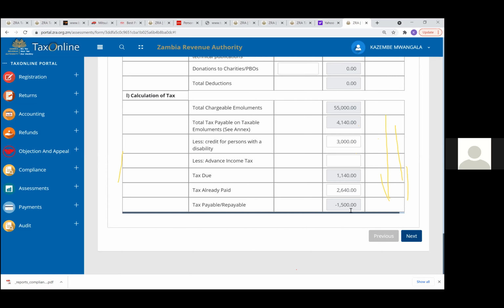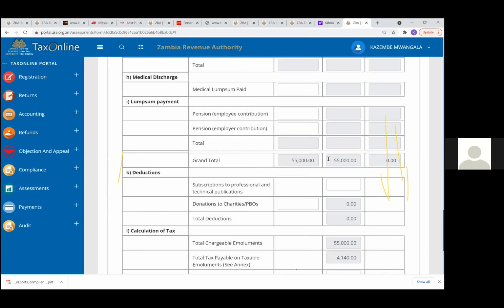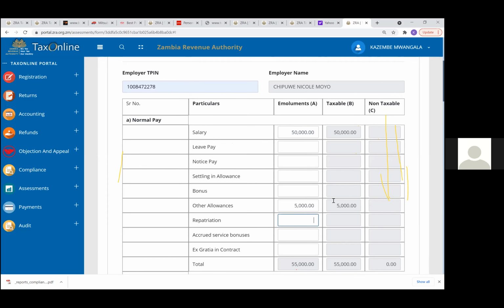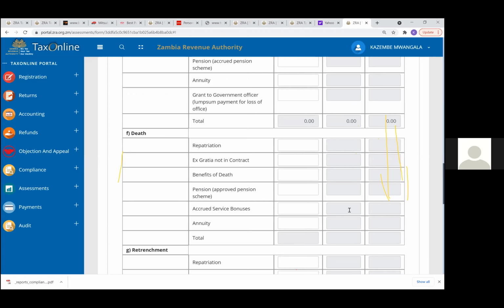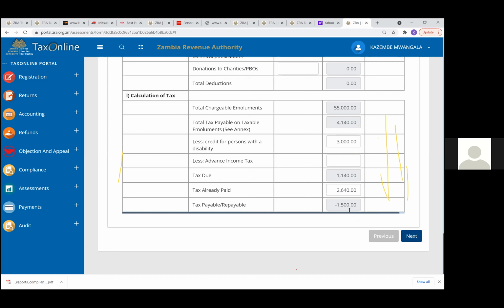So you realize that this person who got 50,000 and also had a 5,000 transport allowance, which did not pay tax, will get 1,500 as a refund. Whereas the other person who got 55,000 and 8,000 transport allowance is only getting 600 as a refund, and therefore they will start questioning how come someone who gets less than me gets a refund that is higher than the refund that I'm getting myself?